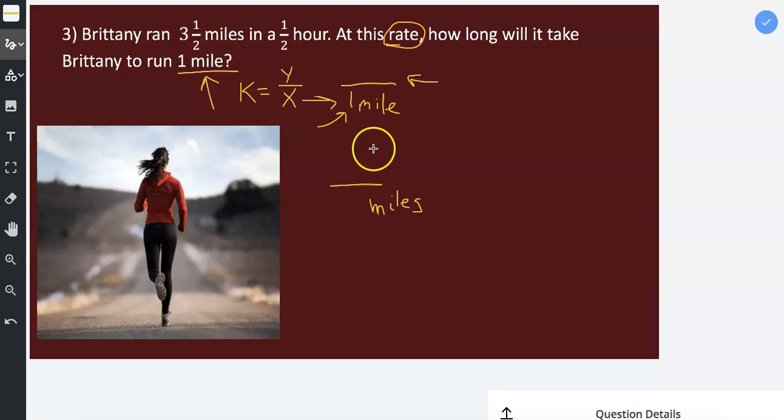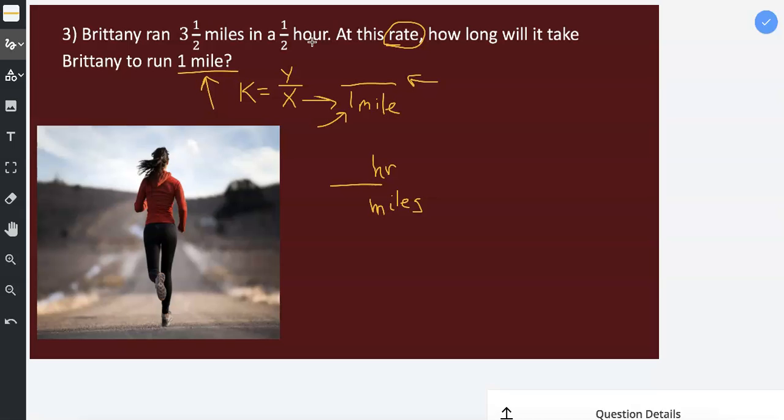And then if miles is in the denominator, then that means that hours must be in the numerator. Now this is important because normally we would do miles per hour and would figure out how many miles she can travel in 1 hour.